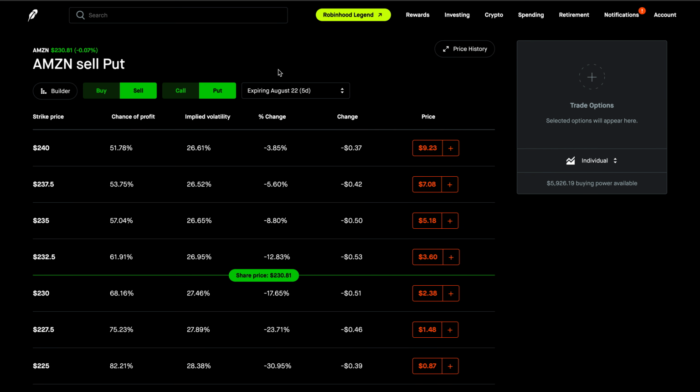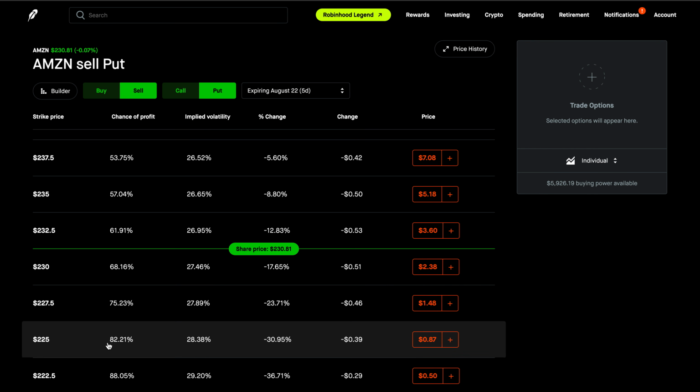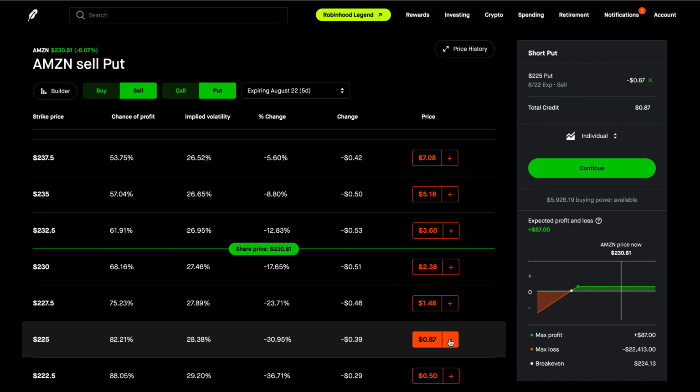So I would first start by selling a put with a strike price equal to the low end of the range that we just came up with. So the low end of our range is 225. So I would start by selling a put with a strike price equal to 225. So that would be this put right here. I would go ahead and sell this here.